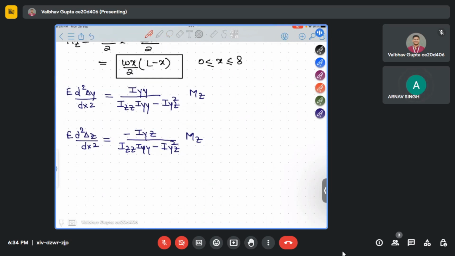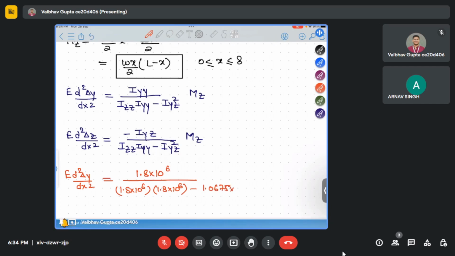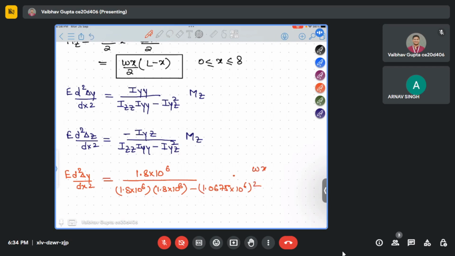E d2 del y by dx square equals Iyy, which is 1.8 into 10 to the power 6, upon 1.8 into 10 to the power 6 minus 1.0675 into 10 to the power 6 whole square, and Mz is Wx by 2 into (L minus x).